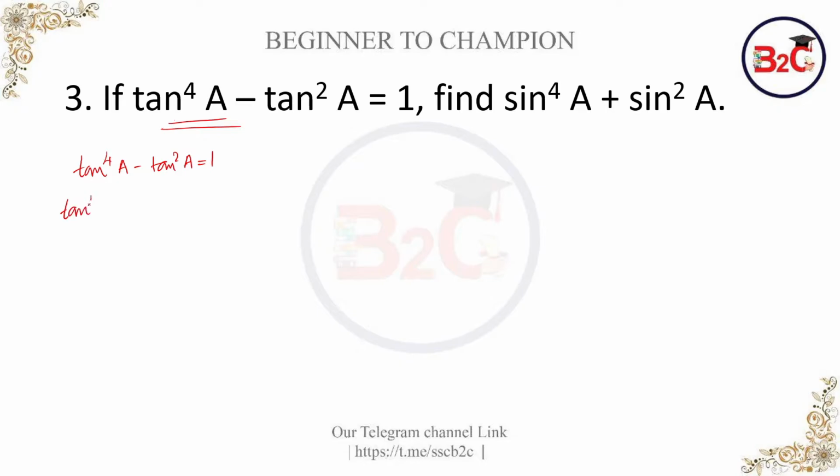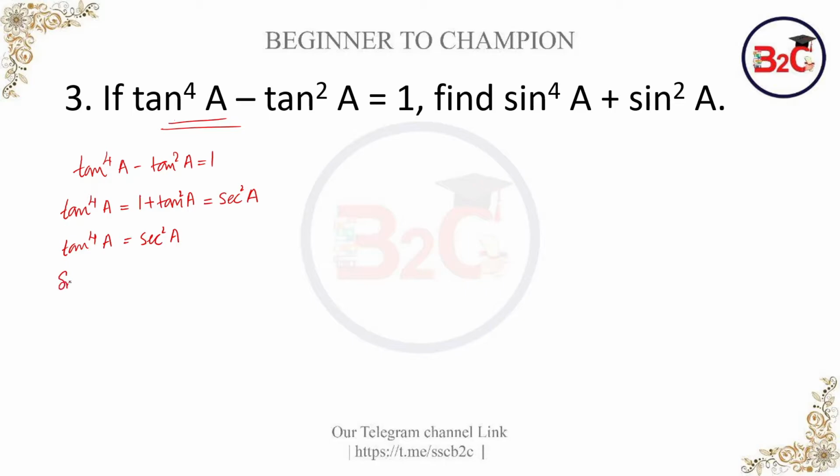So tan raised to 4a will be equal to 1 plus tan square a, and we have the identity 1 plus tan square a equal to sec square a. So tan raised to 4a is equal to sec square a. Now let's rewrite LHS and RHS in terms of sine and cos.